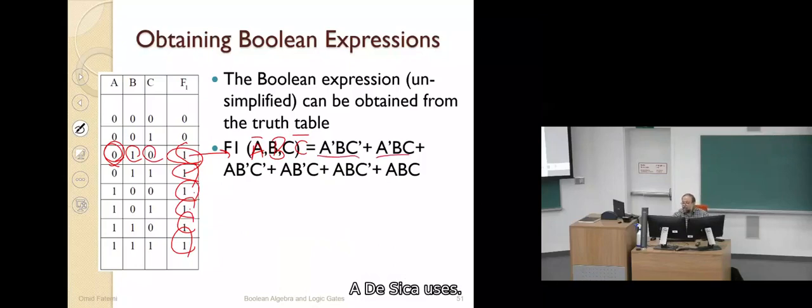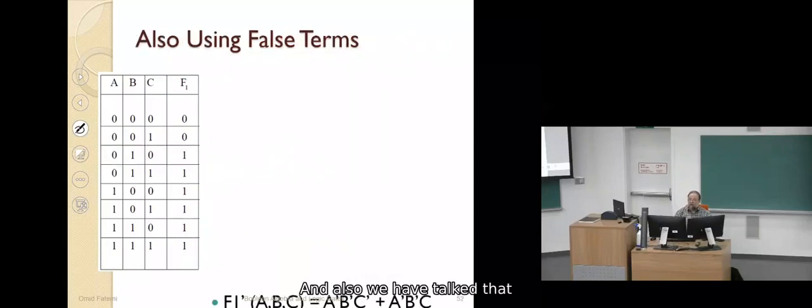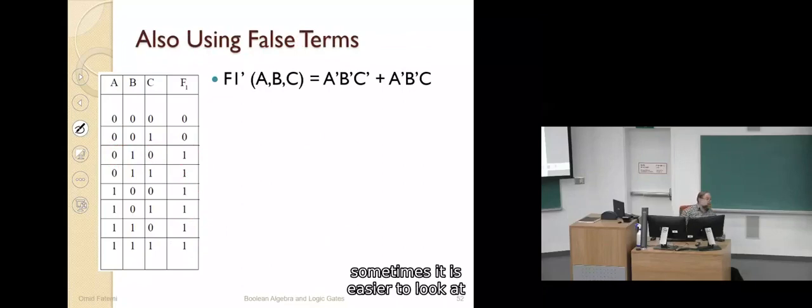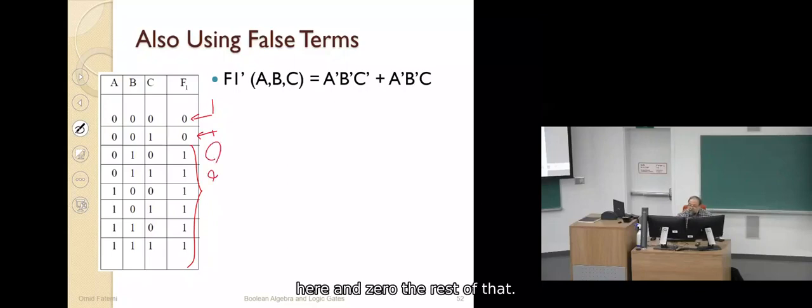And also we have talked that sometimes it is easier to look at the false positions, because here you see we have only 2 zeros, but we have 6 ones. So maybe it's better to look at the zeros. To do so, we start to look at the negative of the function. The negative of the function would be 1 here and 0 for the rest.